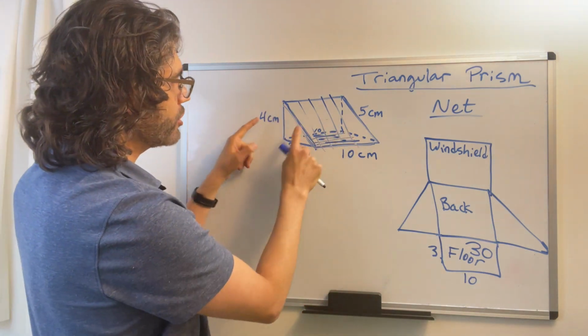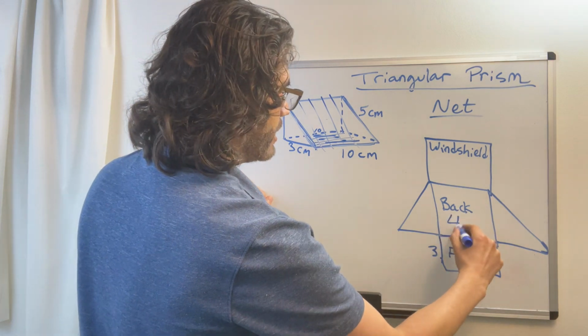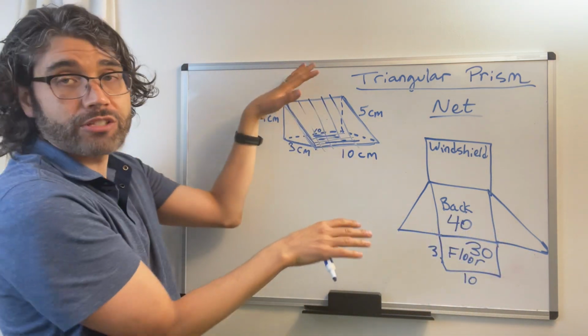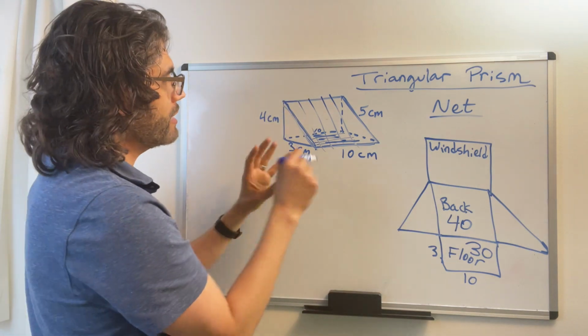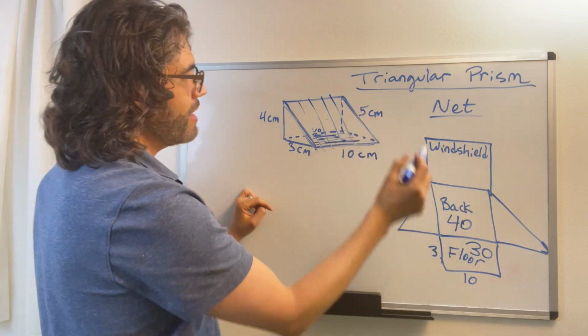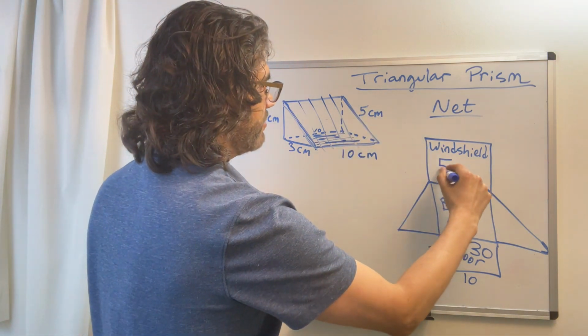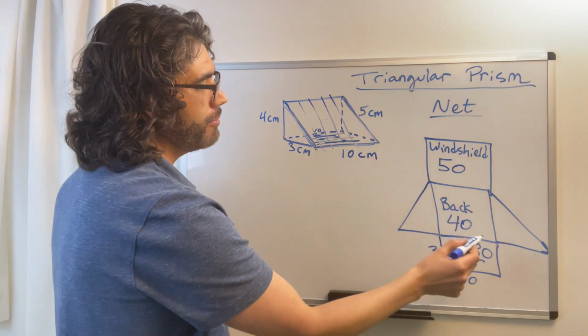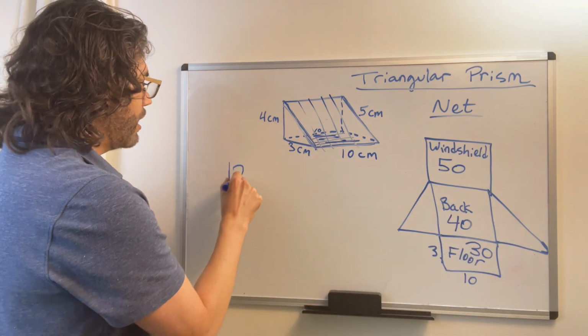So it's 4 by 10, which is 40. So the back is 40 centimeters squared. And then this windshield is also a rectangle. It's 10 by 5, which is 50. So 50 plus 40 is 90, plus 30 is 120.